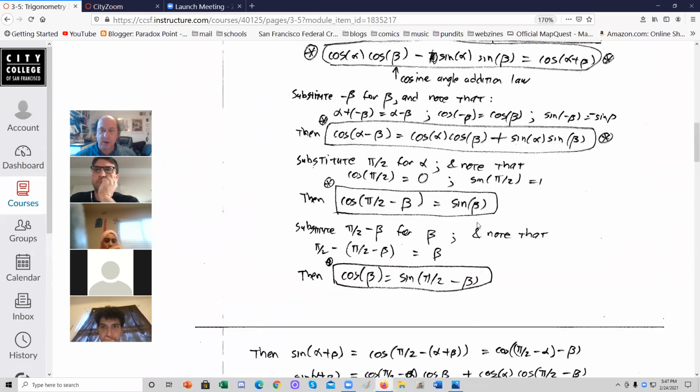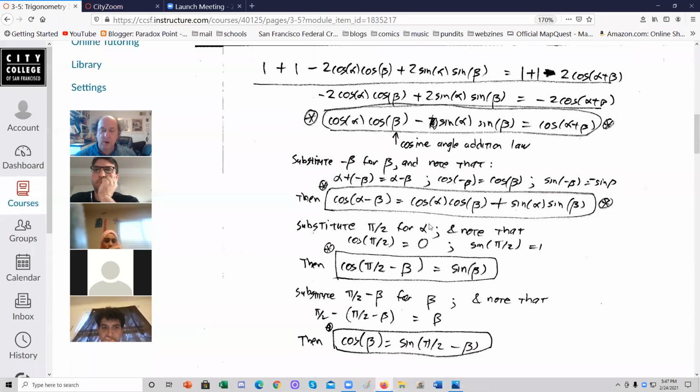Now we can also use this rule: if we substitute in here pi over 2 for alpha, and note that cosine of pi over 2 is 0, and sine of pi over 2 is 1, then right away this implies the complementarity rule that cosine of pi halves minus beta equals sine beta.